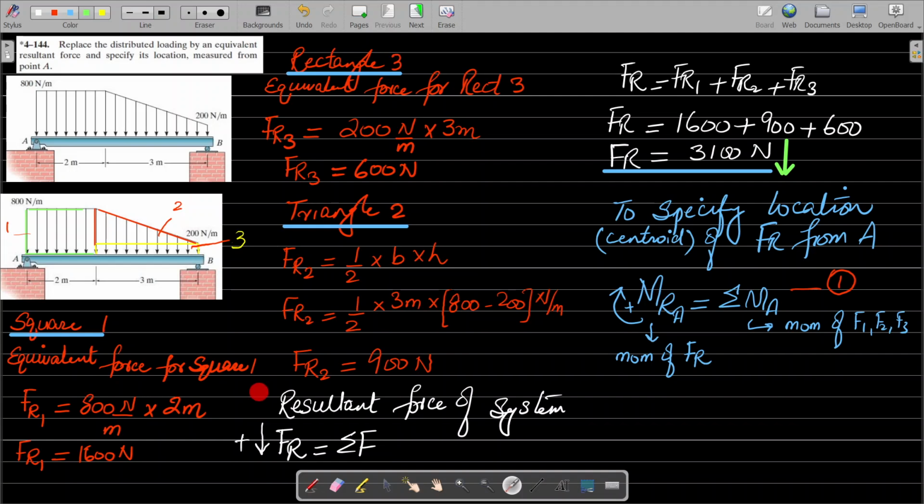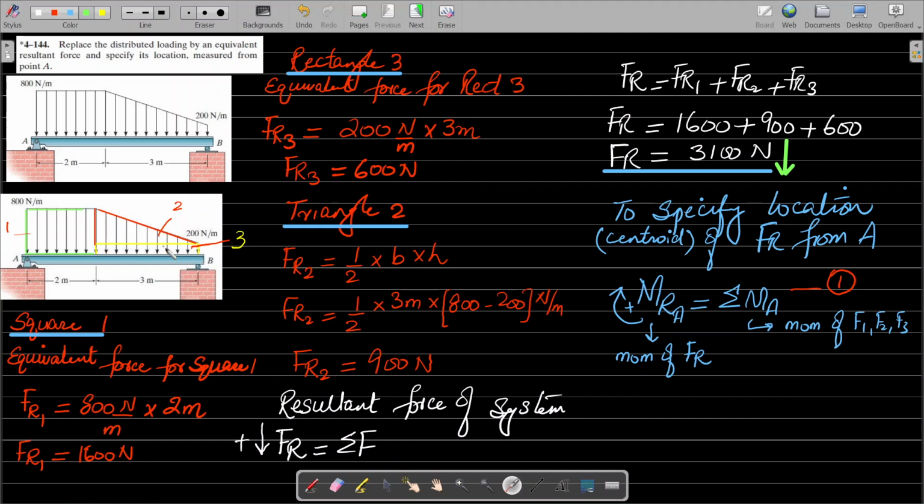The equivalent force for square 1, Fr1, is nothing but the area of the square, which is the breadth times the height. So the resultant force for figure 1 is 800 Newton per meter multiplied by 2 meters, so we get Fr1 equals 1600 Newton. This resultant force Fr1 is the area of the square, with height 800 Newton per meter and base 2 meters, which comes out to 1600 Newton.